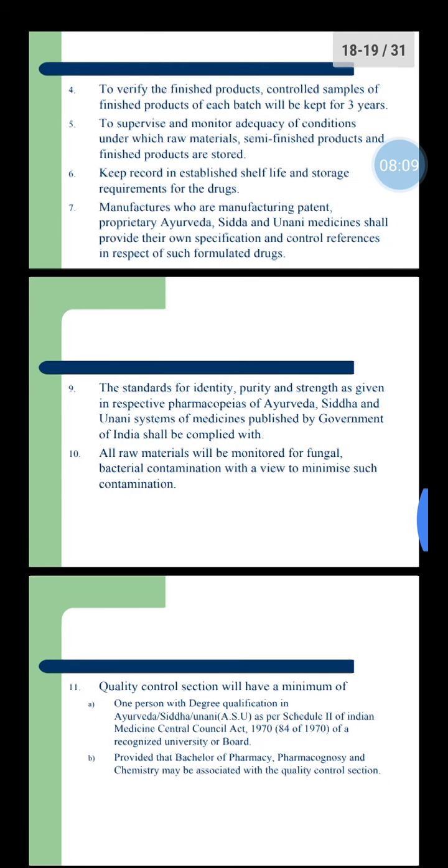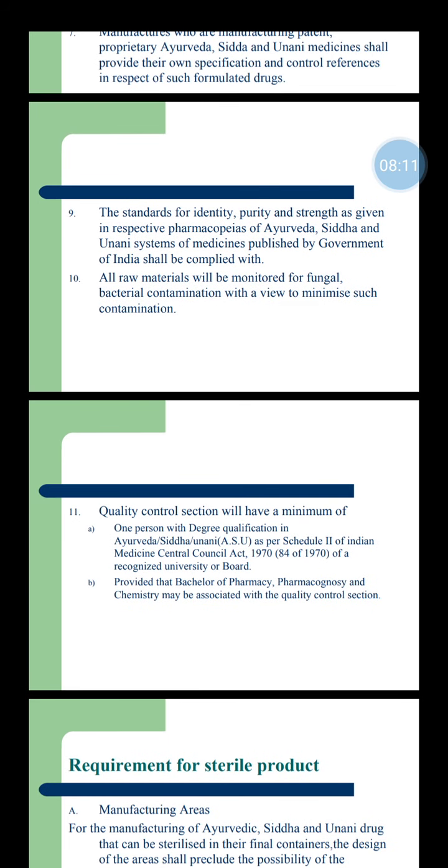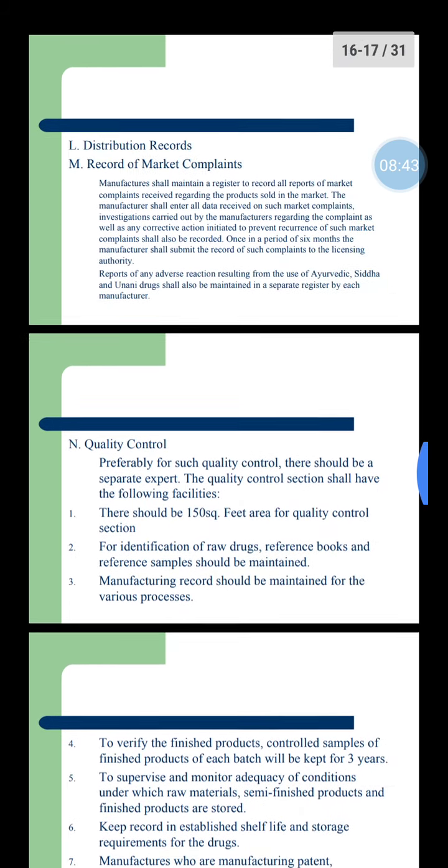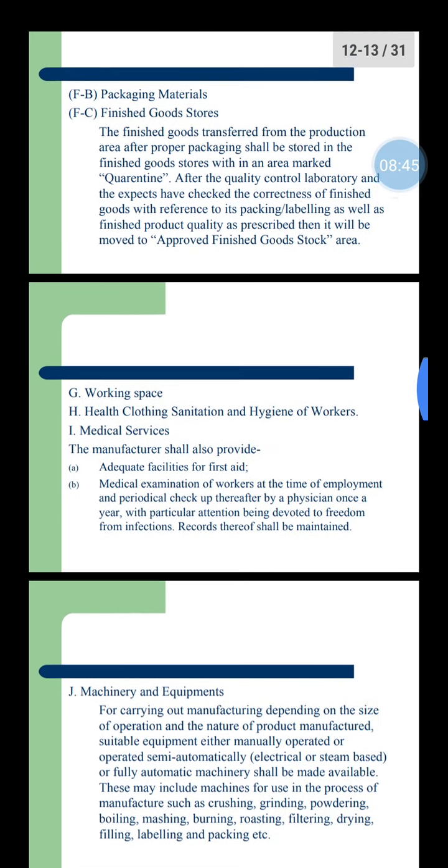Then the quality control section will have a minimum of one person with a degree qualification in Ayurveda, Siddha as per the Second Schedule of the Indian Medicine Central Council Act 1970 from a recognized university or board, and a Bachelor of Pharmacy, pharmacognosy and chemistry person may be associated with the quality control section. So these are the requirements for Schedule T.